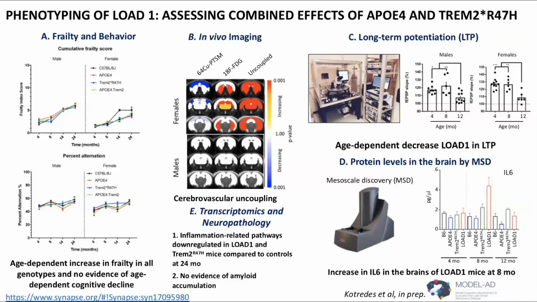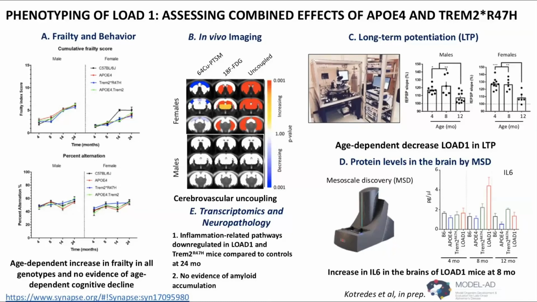And finally, by protein levels in the brain using mesoscale discovery, you can see an increase in a pro-inflammatory marker, IL-6. By transcriptomics and neuropathology that I'm not going to show you today, you see an increase in inflammation-related pathways, a change in inflammation-related pathways in this model, which we're calling LOAD1.